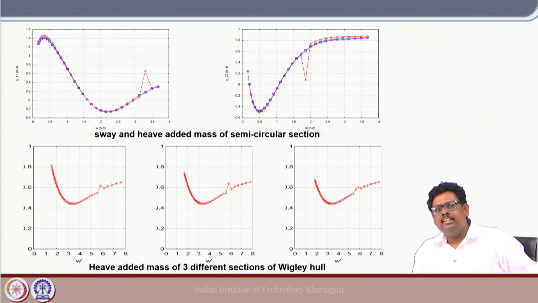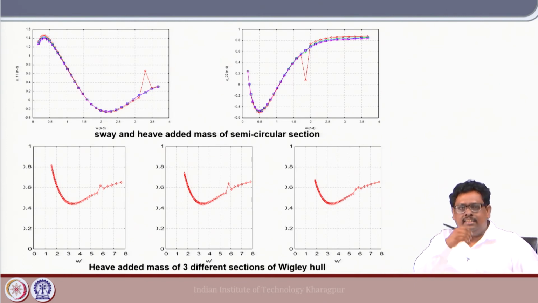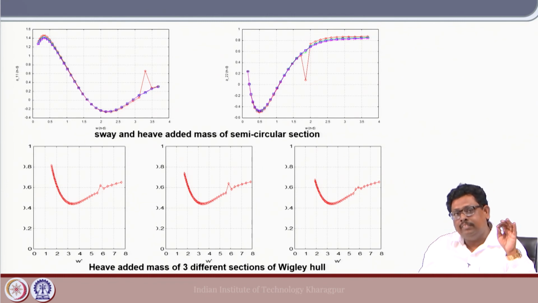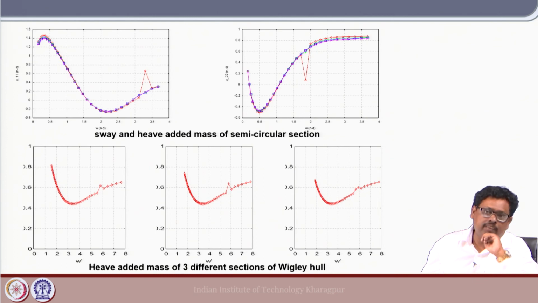Now, in this result you can see that there are certain frequencies where you can have a spike. The question is whether this spike is physical or non-physical. We have something called the irregular frequency, at which the solution can go up to infinity, and at that time you can have this sort of spike.